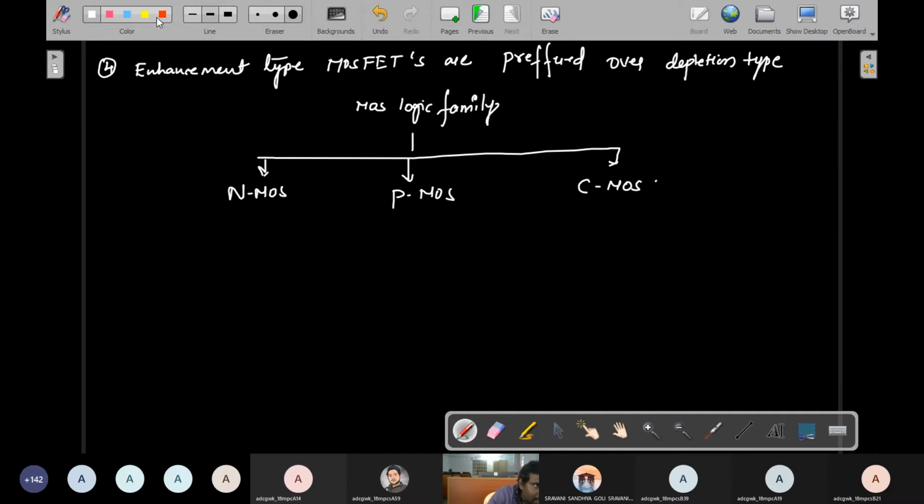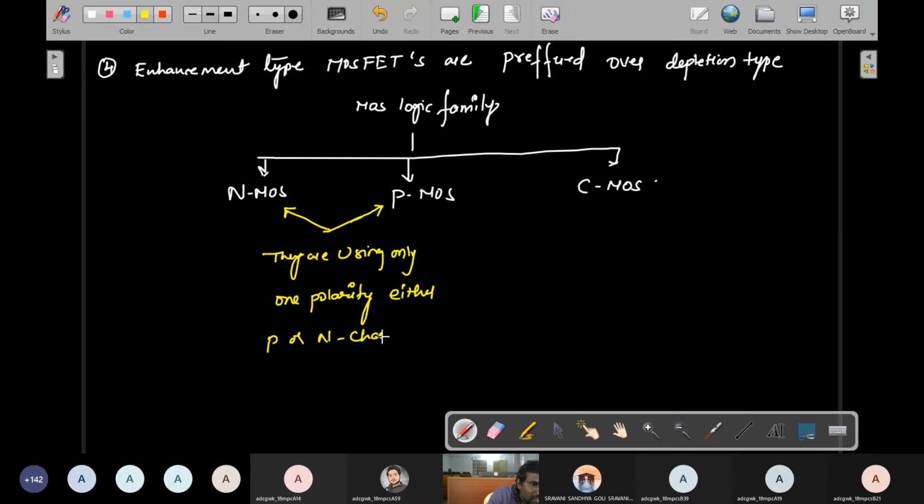So in these two cases they are using only one polarity, either P or N channel, in the chip.